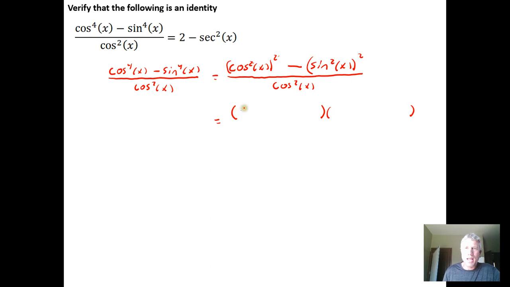It has that AB plus minus pattern where in this case the A is the cosine squared of x and the B is the sine squared of x. And we put it here, sine squared of x, and it's going to be plus minus.